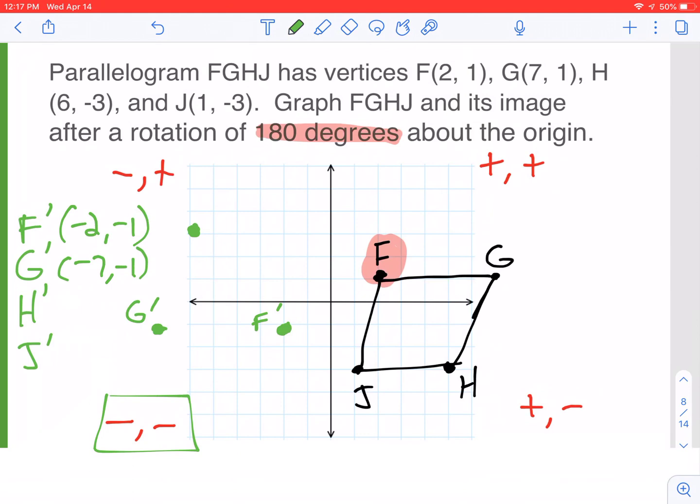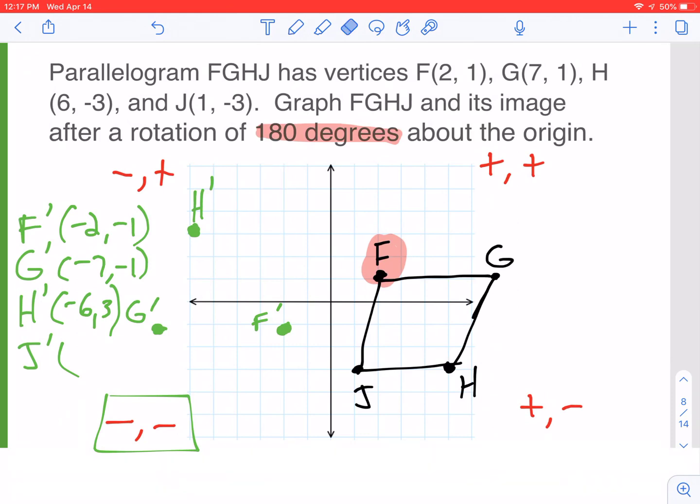Because of 180: this would be 90 from H, and this would be 180 from H. And if I'm in that 180 quadrant, I know it has to be a negative and a positive. So H prime is going to be negative 6, 3.